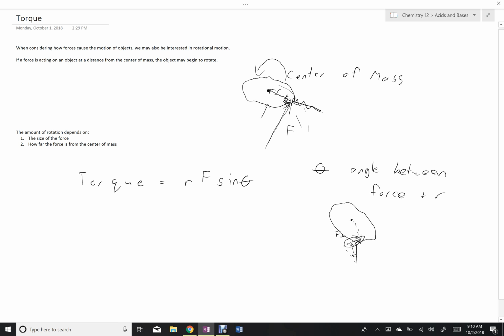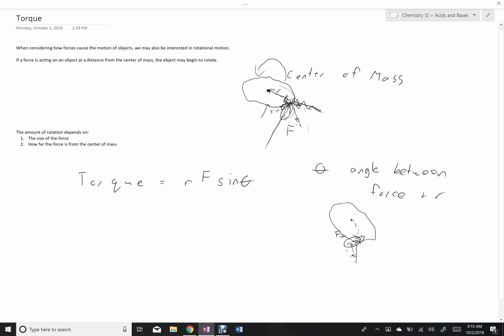And then we can imagine somewhere in between where it comes in and only this component of it is causing rotation. And if I imagine then using a Z pattern, this theta or this theta, it's the sine of the angle that gets us the component that's pushing it at 90 degrees and causes the object to rotate.